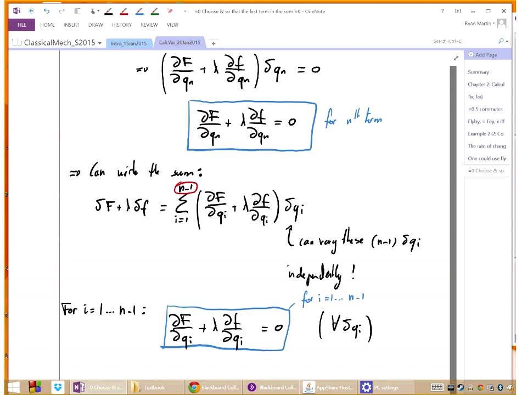Now compare the two equations. They're identical. We wrote it out thinking we were eliminating qn, and then we got an equation for lambda. And then we looked at the other variables, and we actually get exactly the same equation. So it doesn't matter if i goes up to n or n minus 1. It's the same equation for all of them.